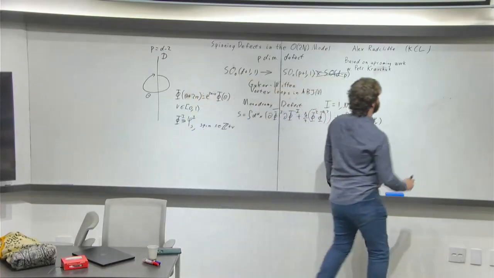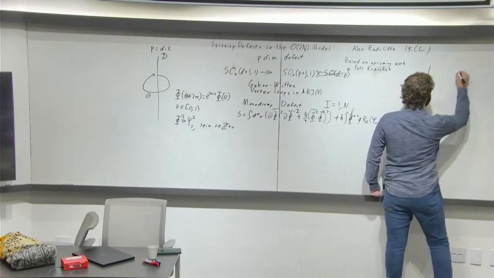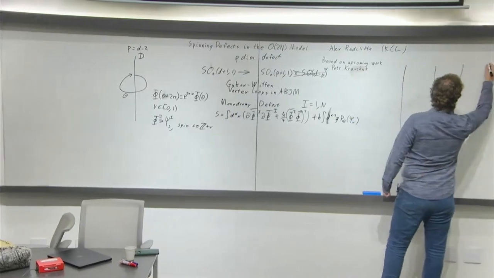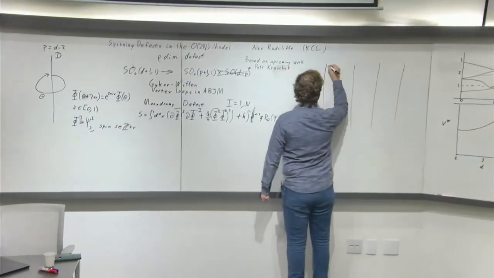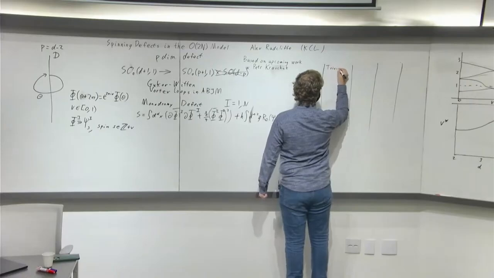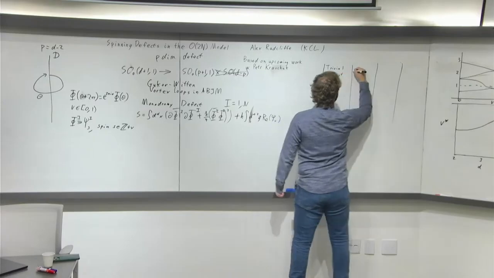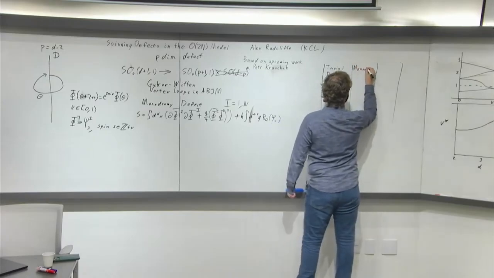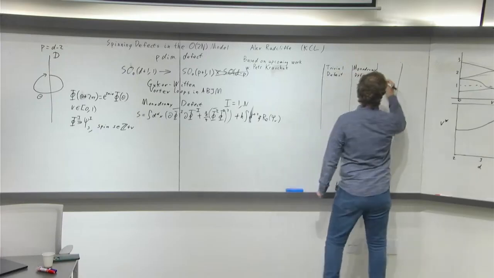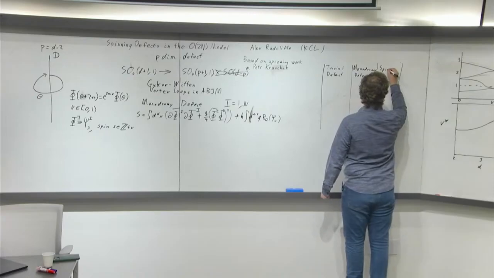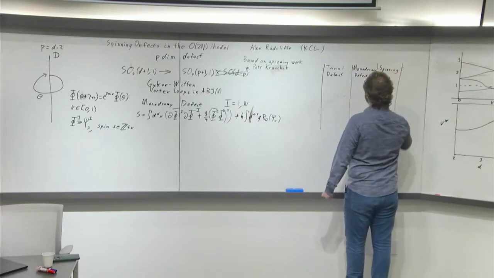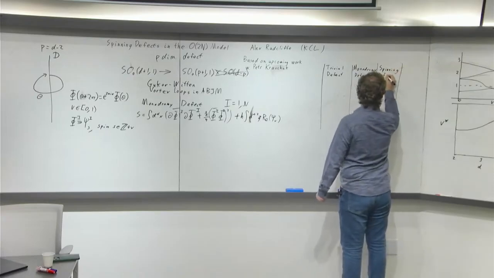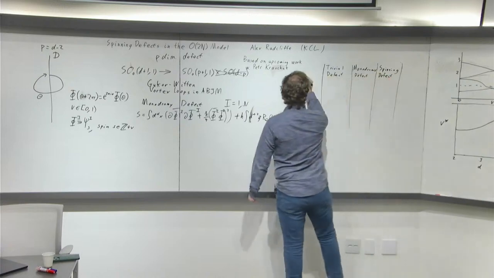So one nice thing to do at this point is to just think about the symmetries of this theory. So we can look at the symmetries in the ON model of a trivial defect, a monodromy defect, and the IR fixed point of this flow, which I'm calling a spinning defect. And so first of all, we've got the space-time symmetry.